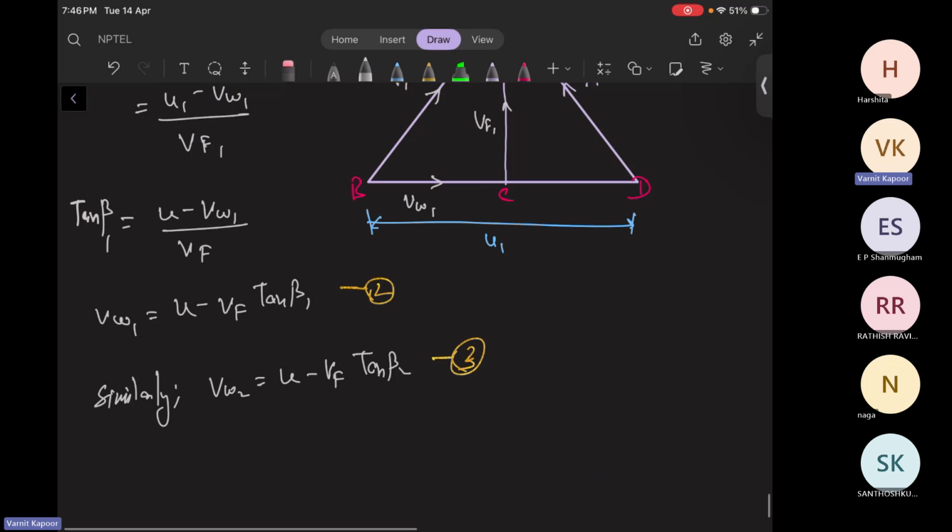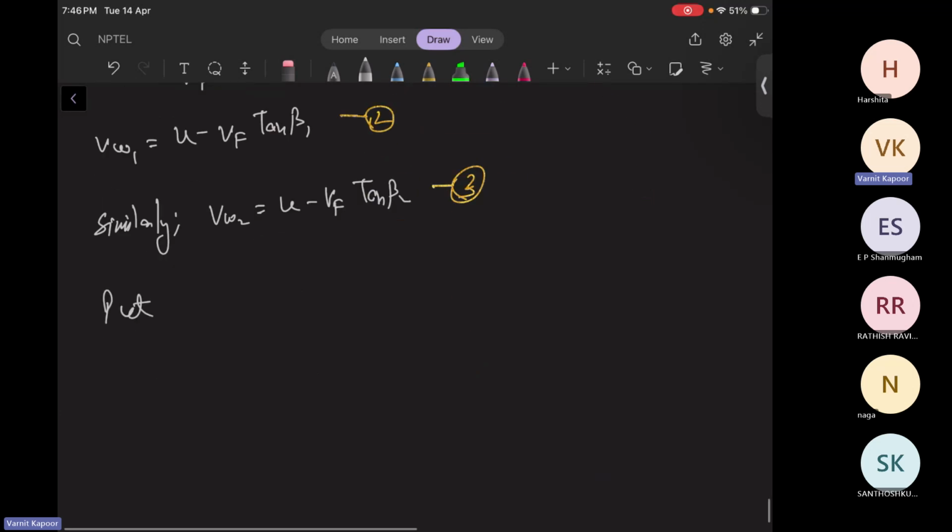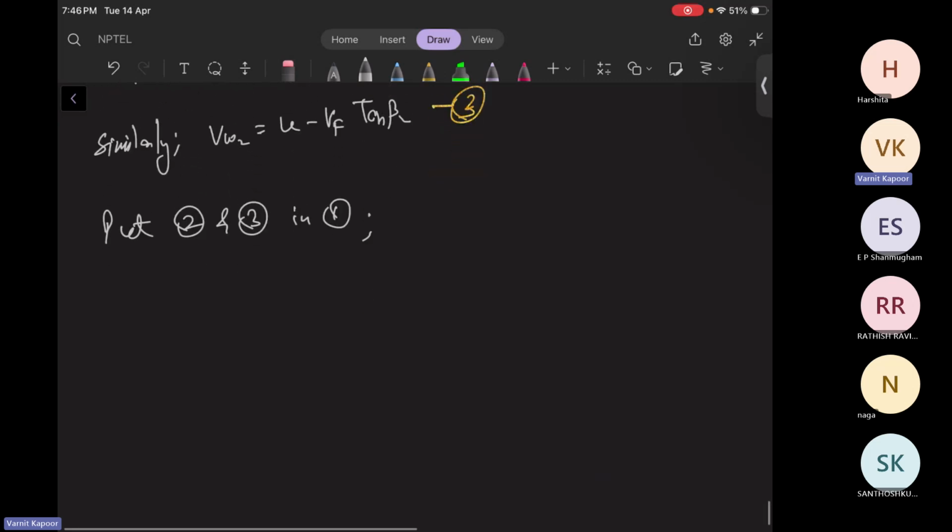Put 2 and 3 in 1. You will get your work as U minus VF tan beta 2 minus U minus VF tan beta 1.